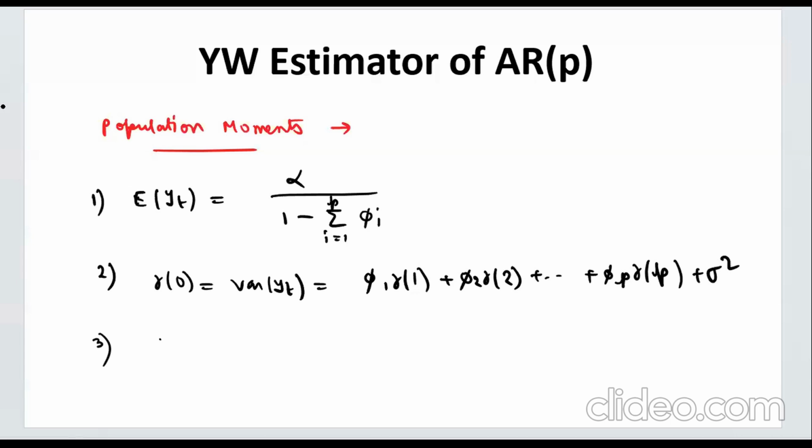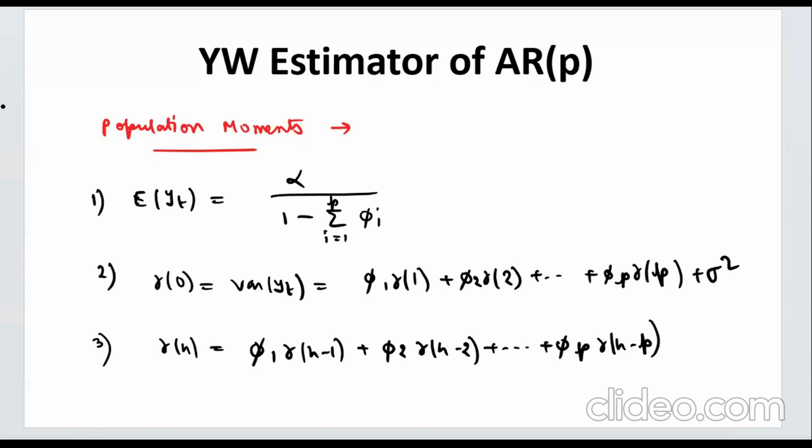And what will be the autocovariance function? Autocovariance function is phi 1 gamma h minus 1 plus phi 2 gamma h minus 2 plus up to phi p gamma h minus p, and this will be true for h greater than or equal to 1. So these are the population moments.